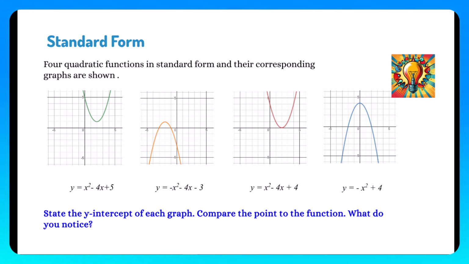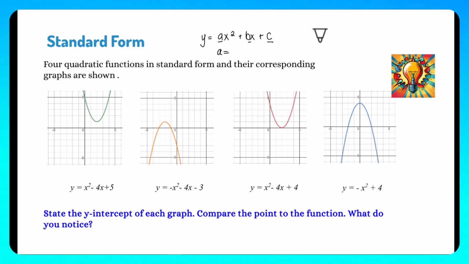So let's start by looking at some of these quadratic functions in standard form. In standard form, we will have y equals ax squared plus bx plus c, where a, b, and c are real numbers.